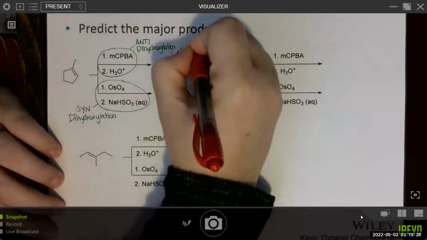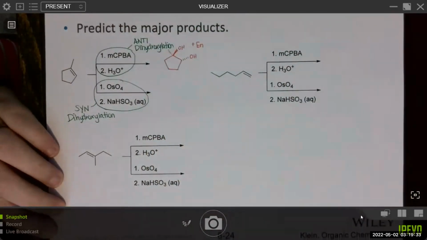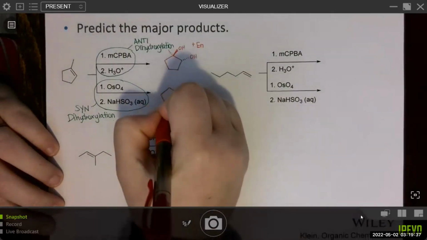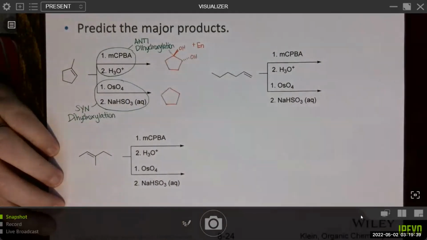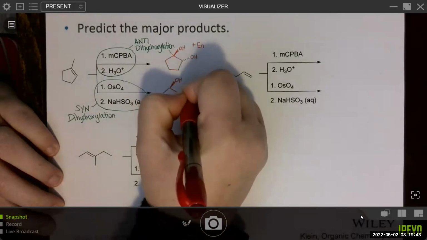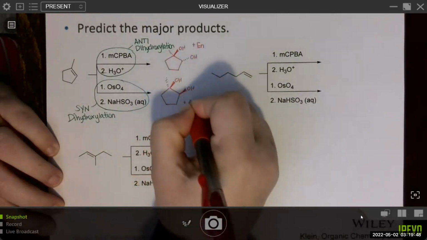And the enantiomer can also form, of course. And over here, we get syn dihydroxylation. So again, our 5-membered ring, I just want to draw the 2 groups on the same side. So either both on a wedge or both on a dash, plus the enantiomer.